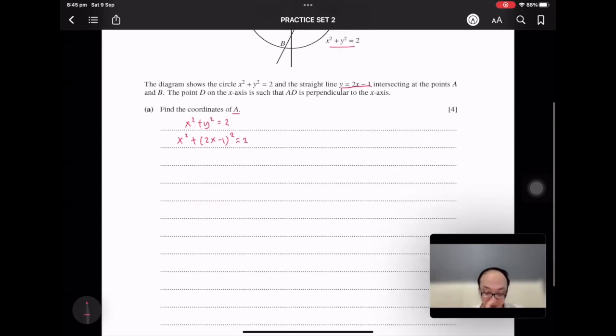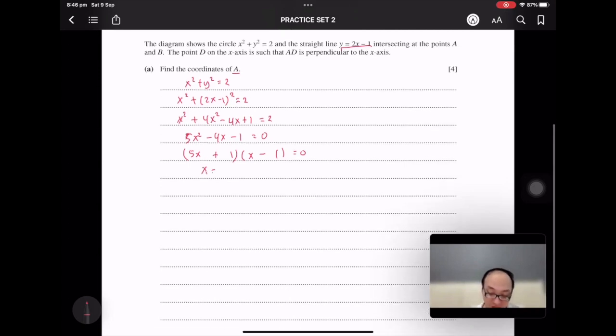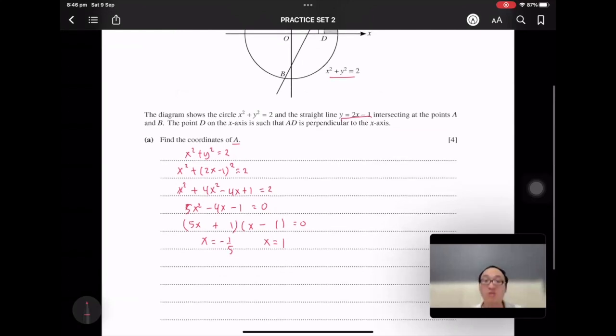So expand: x squared plus 4x squared minus 4x plus 1 equals to 2. So 5x squared minus 4x minus 1 equals to 0. So 5x, x, 1 and 1, minus 5, and then plus 1. So x equals to negative 1 over 5, or x equals to 1. So there are two solutions.